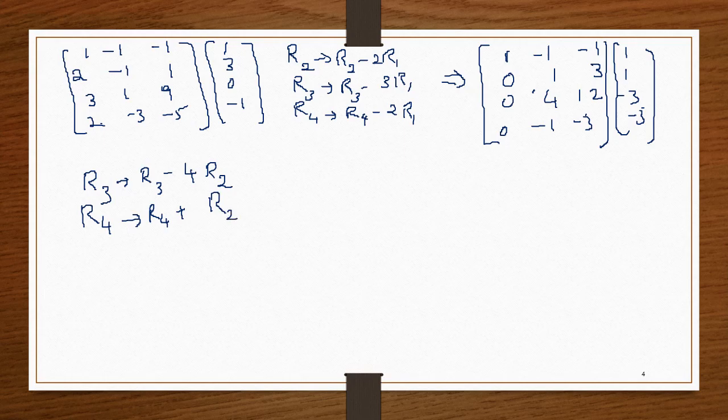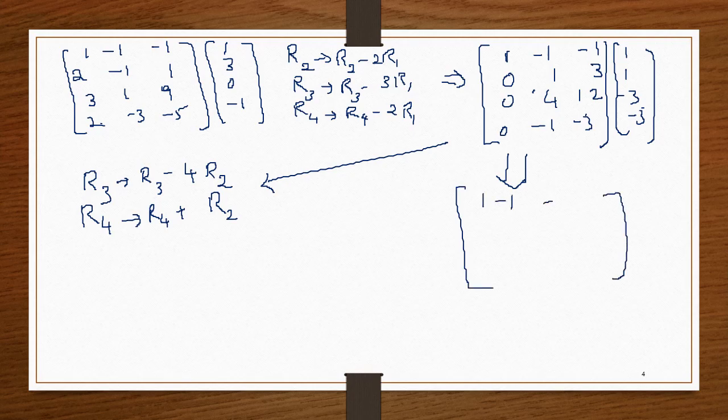After doing this operation, the final matrix is 1 -1 -1 1, 0 1 3 1, and then 0 0 0 -7, 0 0 0 -2.